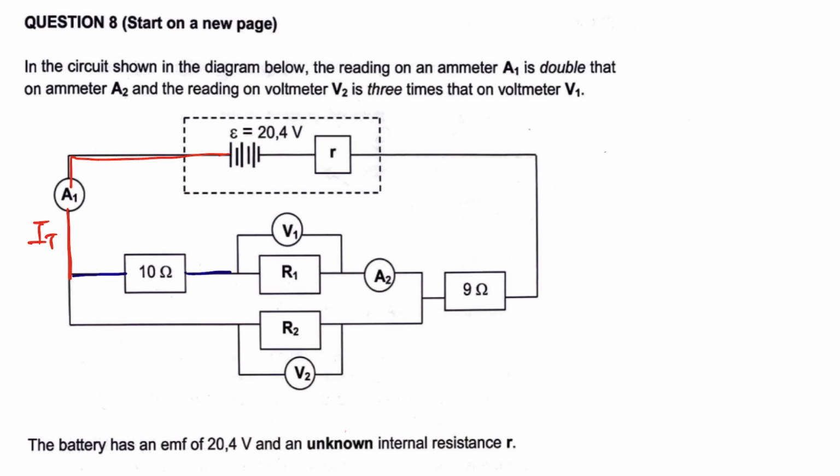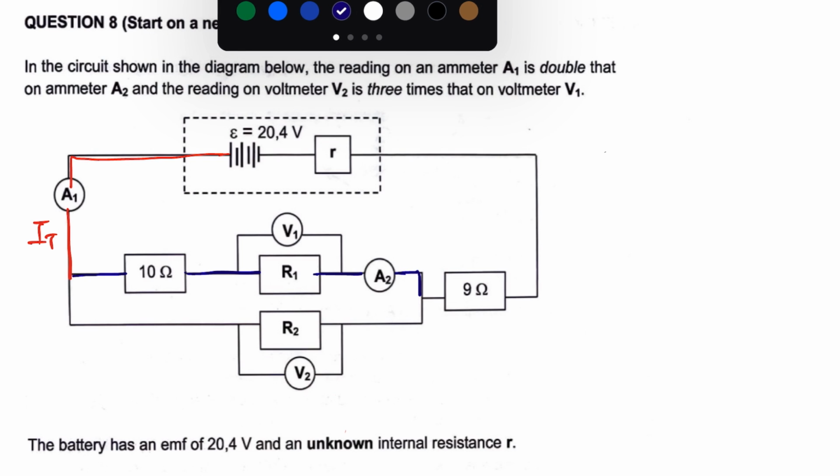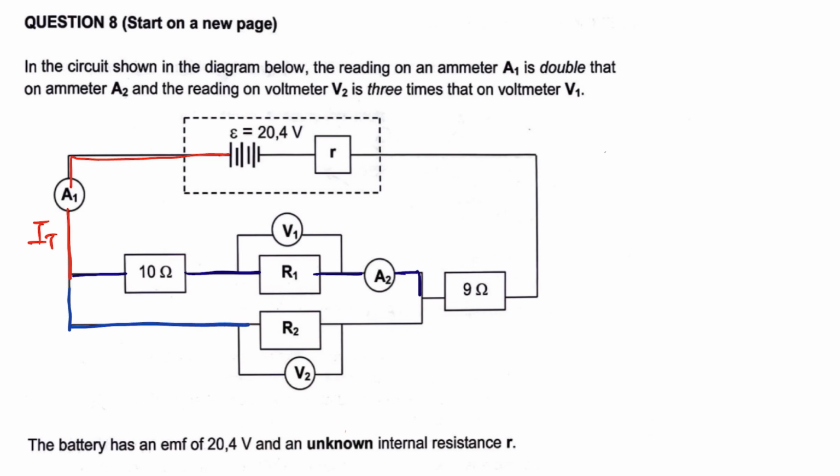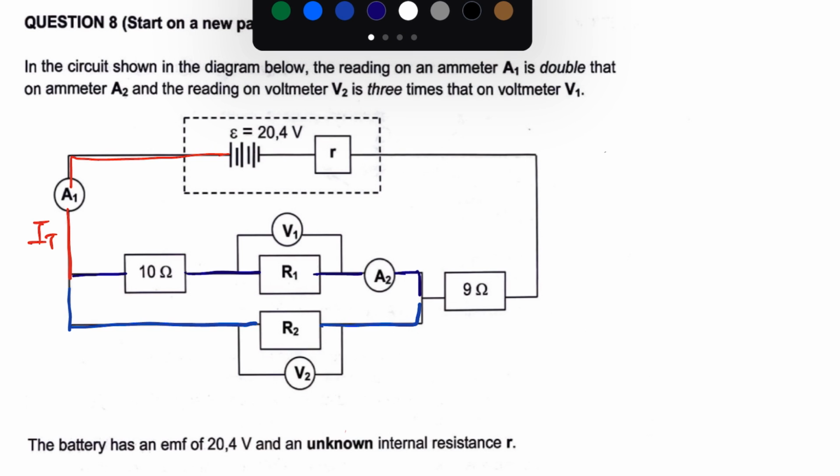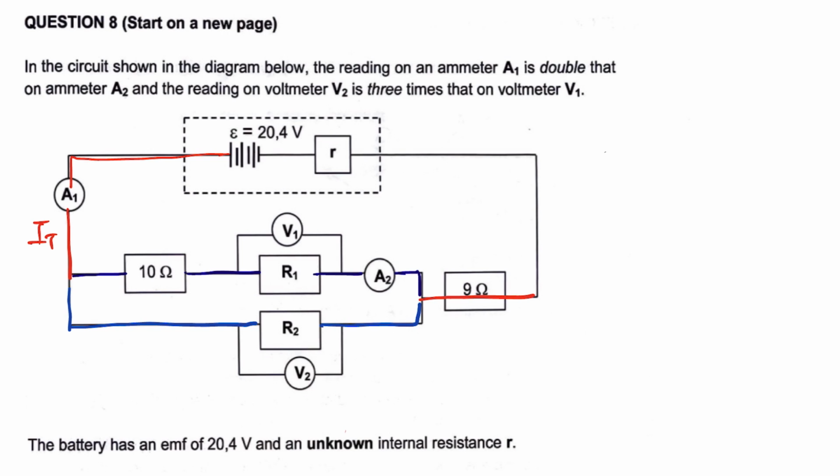It's the A2 current there, and then there's another current that goes this way. Then it combines again and becomes the total current. It passes through the 9 ohm resistor. It's the total current again. Remember, there's an internal resistance there.